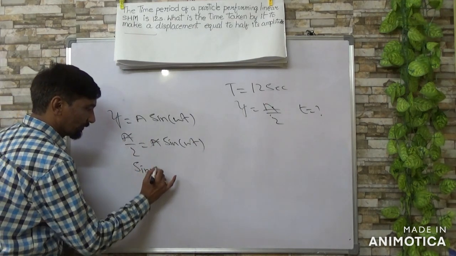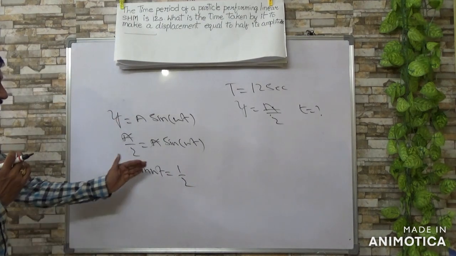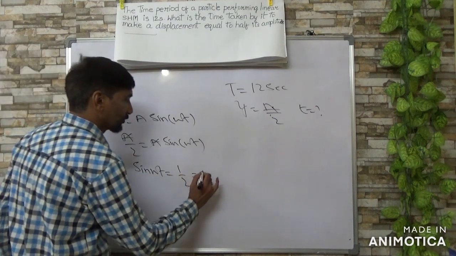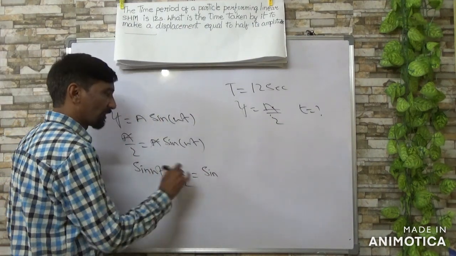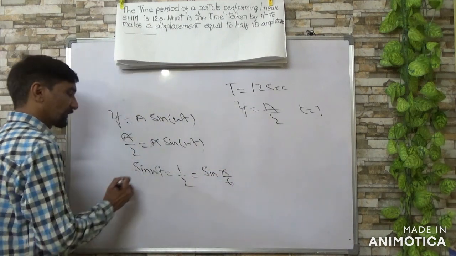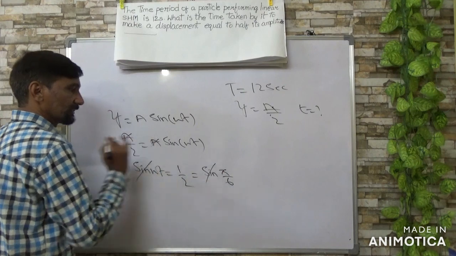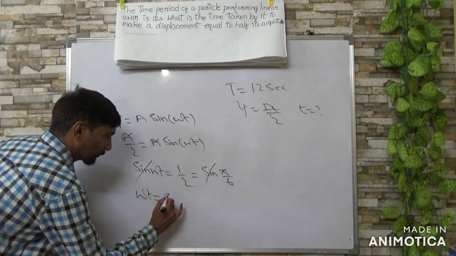Therefore, sine omega t equals half. When the sine value becomes half, that is when sine 30 degrees, you get half, no? So pi by 6. So you can cancel sine, right? So omega t is equal to pi by 6.